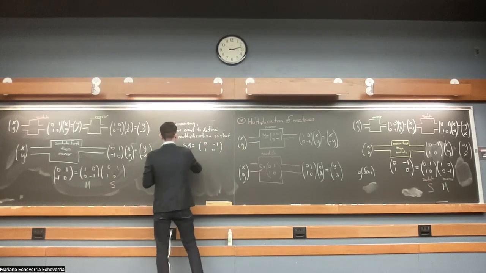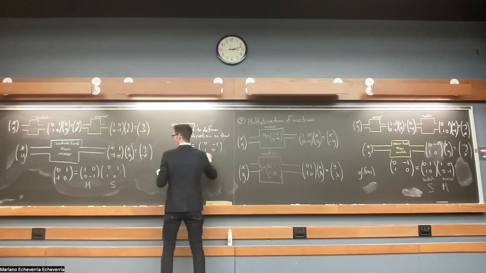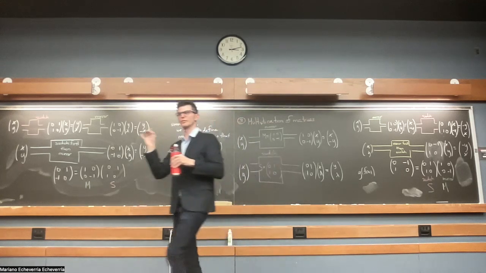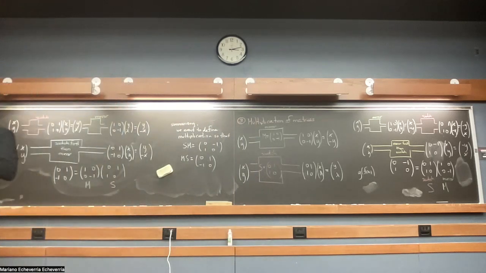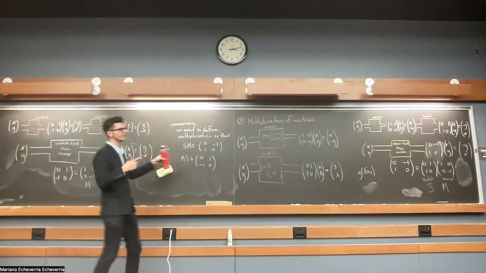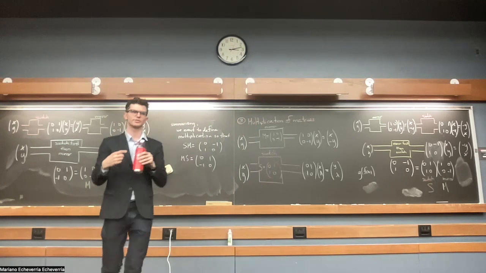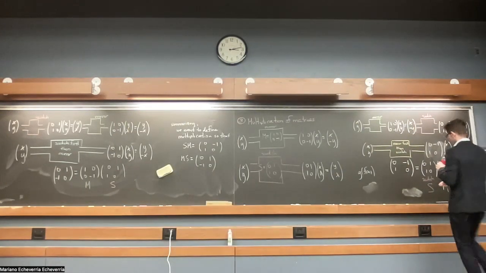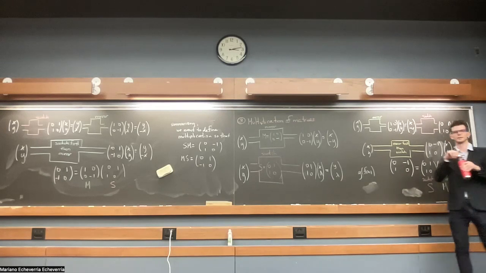But if you had done MS, you would get 0, 1, -1, 0. The formula that I'm about to give you in 5 or 10 minutes, when you check it, we'll see that we actually do get these two matrices. Is that making sense?